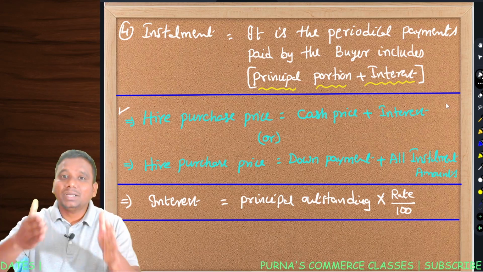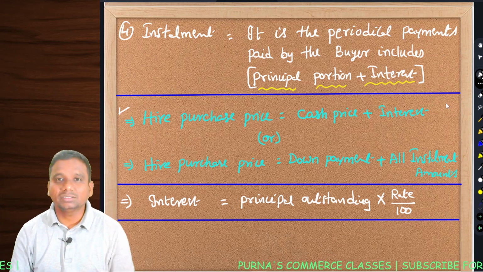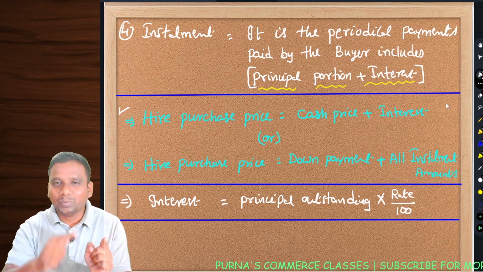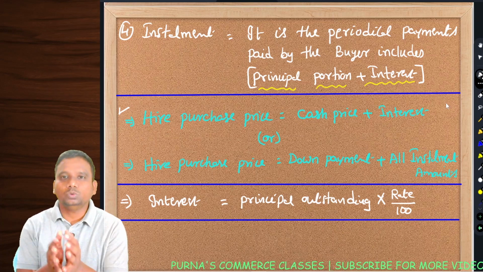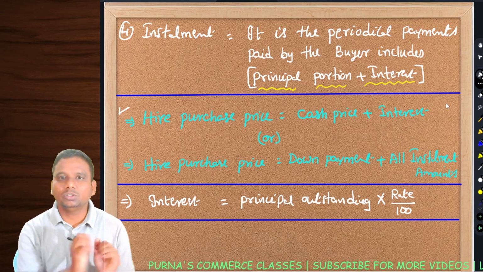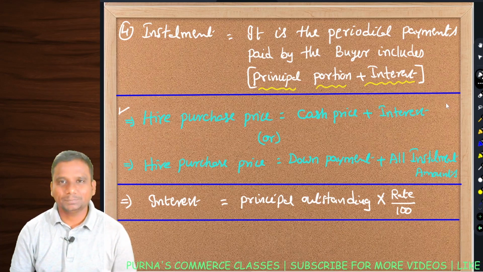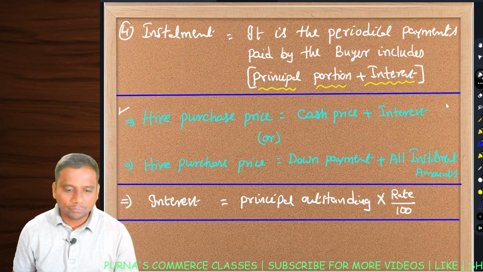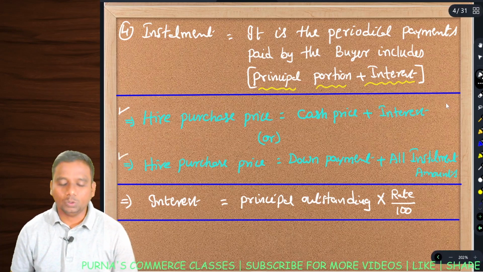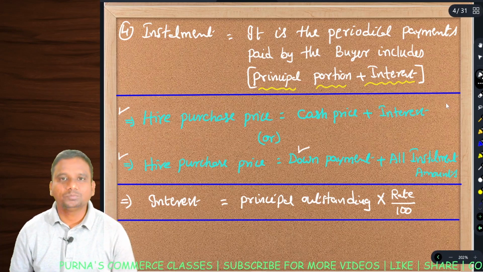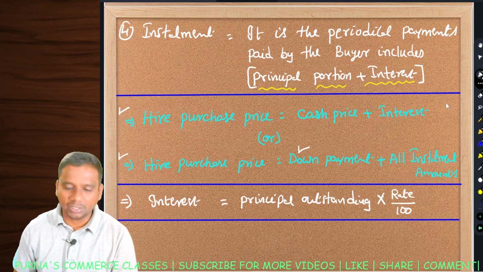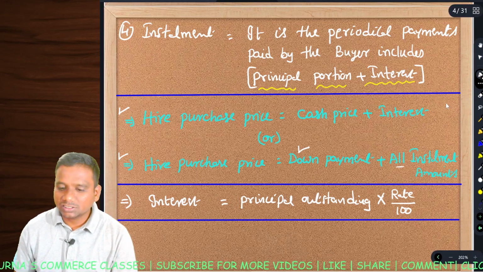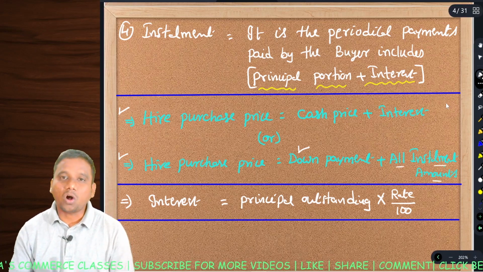So hire purchase price means cash price plus the interest which you are paying extra. These two components constitute the hire purchase price. Another formula for hire purchase price is equal to down payment, which you pay at the time of entering into an agreement, plus all installment amounts.